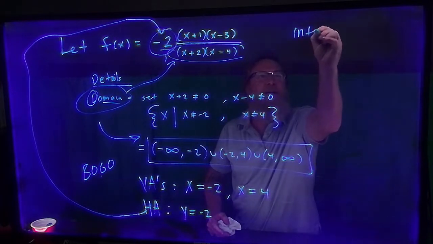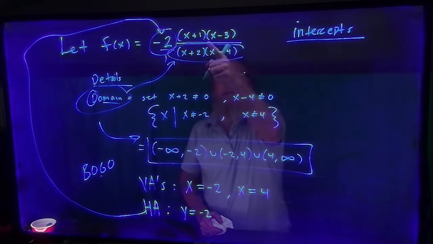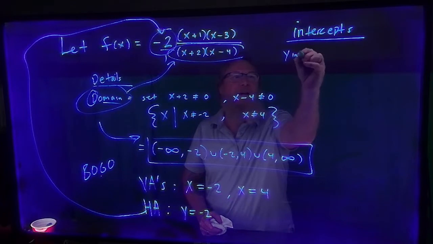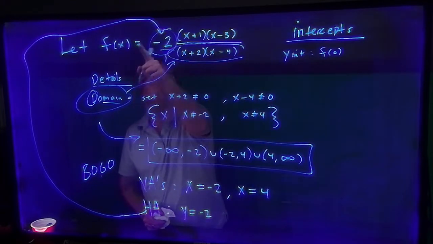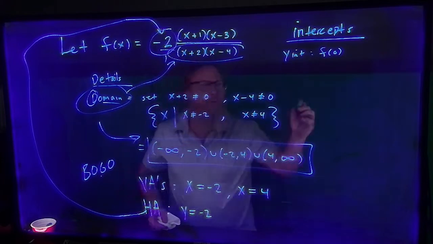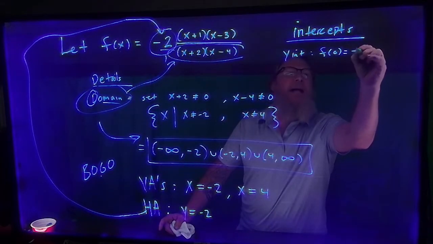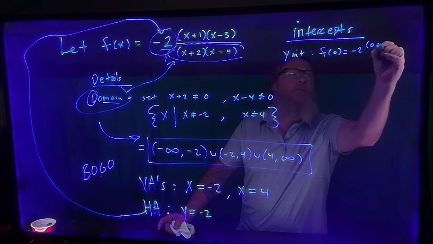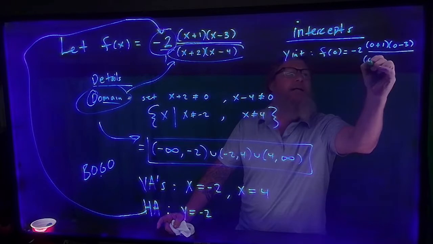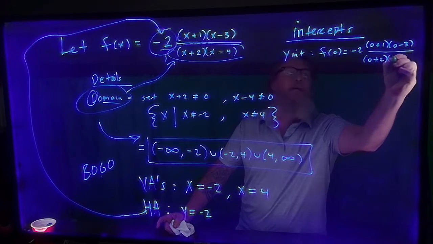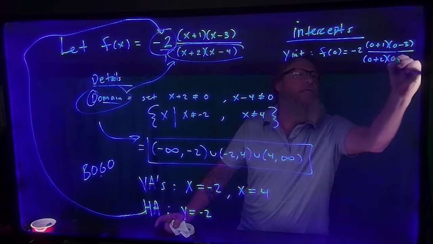Intercepts. Good, intercepts. I heard you through the internet. For the y-intercept, we plug in 0 for x. So we're going to replace all these x's with 0. So I got -2, 0 plus 1, 0 minus 3, over 0 plus 2, and 0 minus 4.